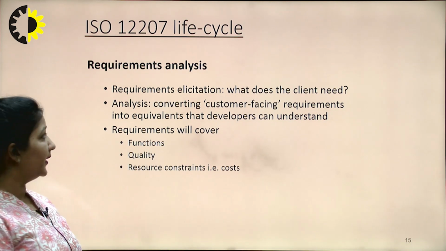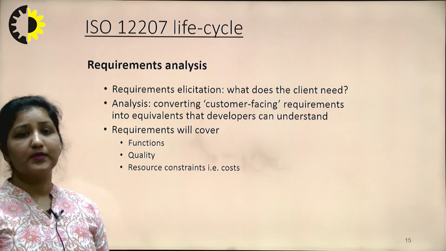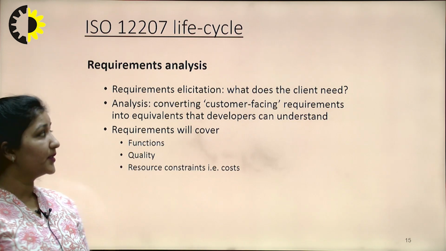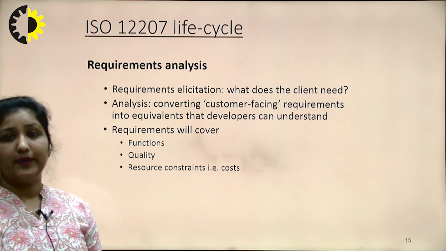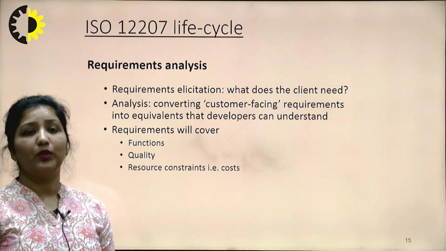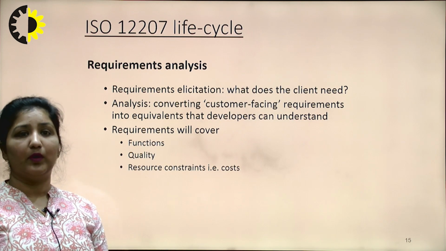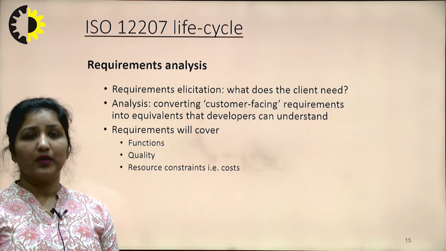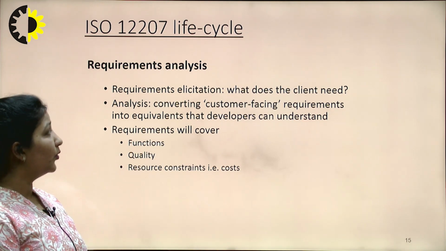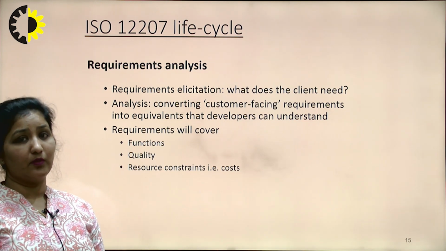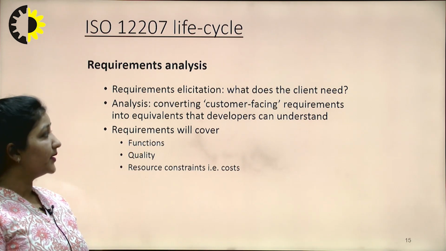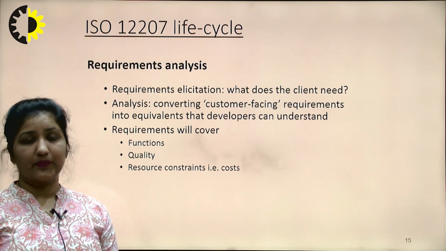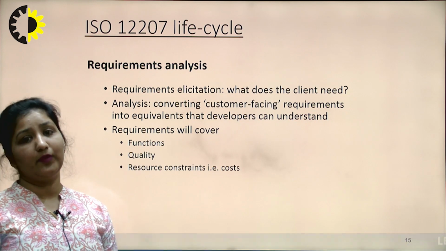Like requirement analysis, for which we do the requirement elicitation. That means what does the client need. To identify the requirements of the client, we need to have the requirement elicitation part. After the requirement elicitation comes the analysis part. That means we are going to convert the customer-facing requirements into the equivalents that the developers can understand, because customers can have vague requirements.